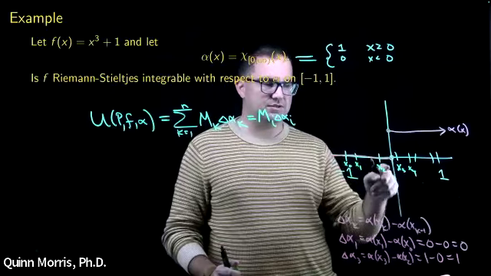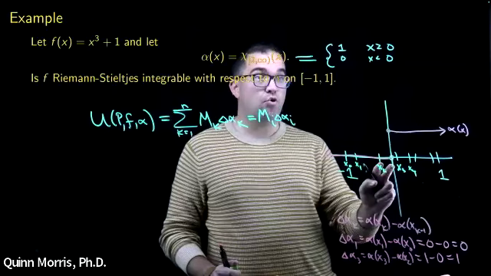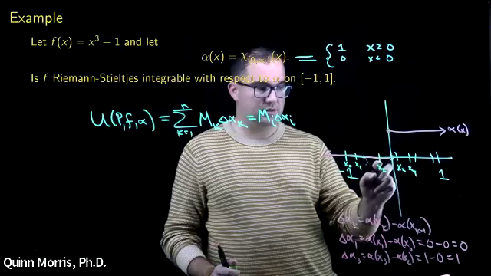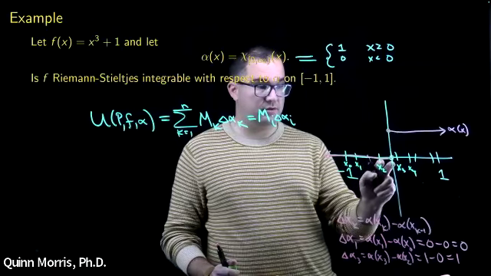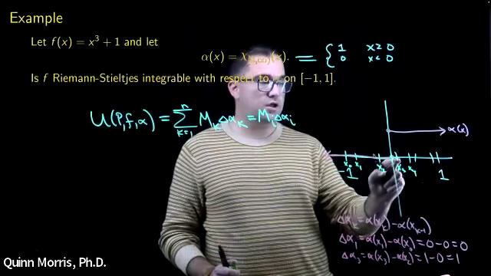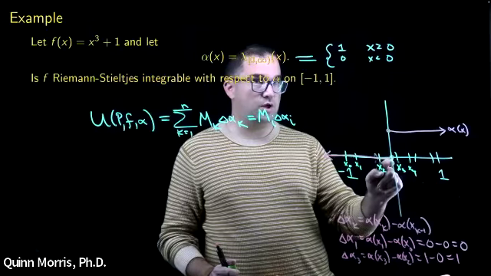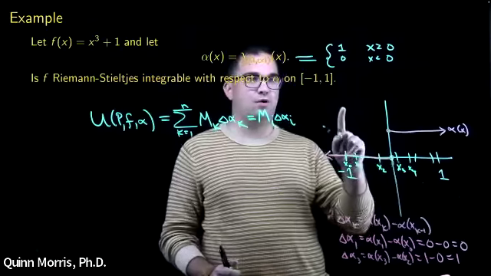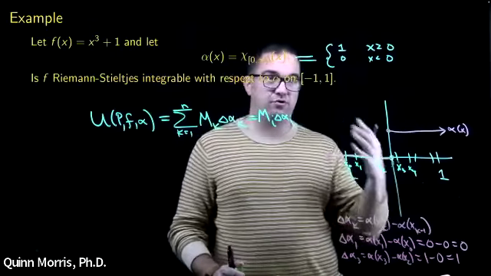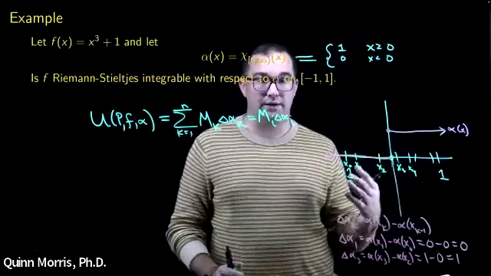However, again, because of the way this works here, my delta alpha k on this side will be 1, because alpha here is 1 and alpha here is 0. And that difference will be 1 minus 0, which is 1. Over here, however, my alpha will be 1, my alpha will be 1, 1 minus 1 is 0. So you're still only going to get one subinterval where the delta alpha whatever is not 0. Okay, and when it's not 0, it just ends up being 1.